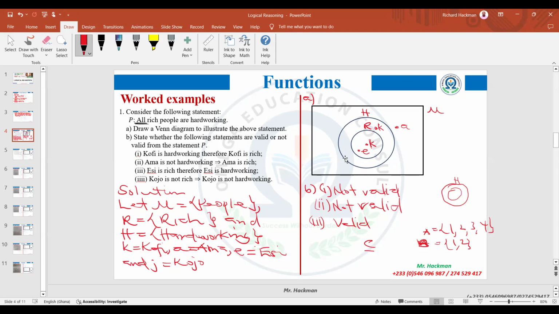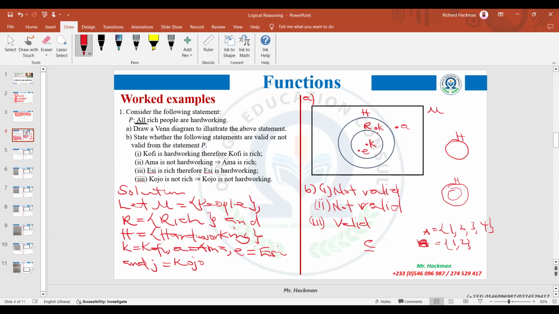But Mr. Hackman, the first one, how did the K come inside the small circle? Yes, because we said Kofi is hardworking. So if Kofi is hardworking, Kofi should be in H. Originally, if you draw your circle for H, there is only one region.